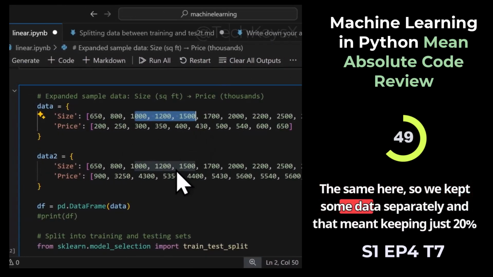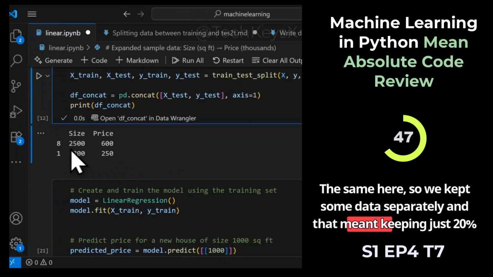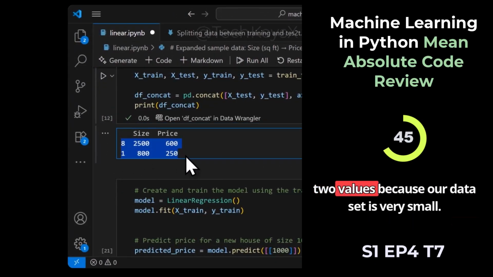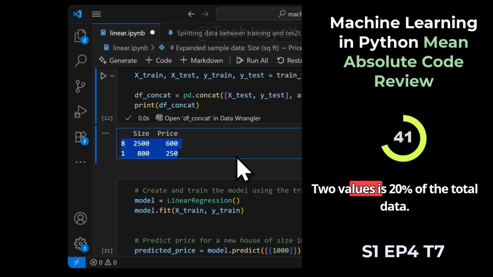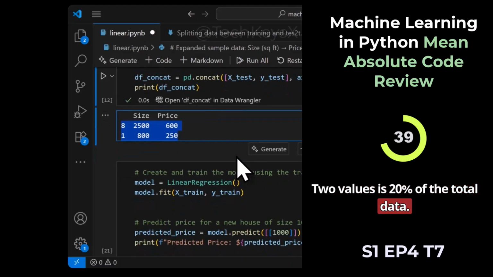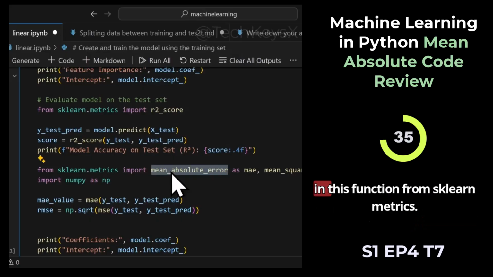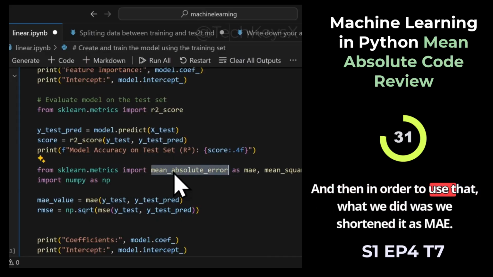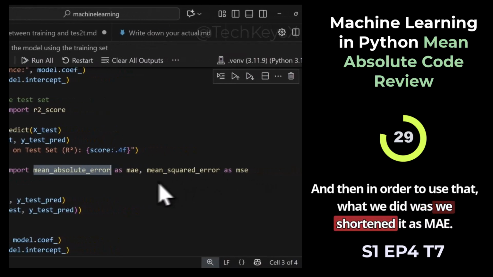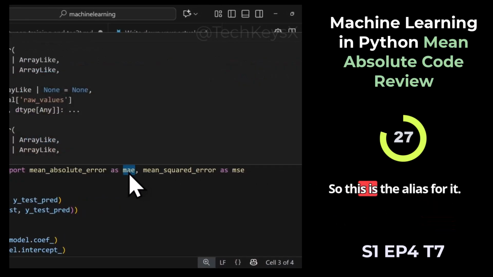So we kept some data separately, and that meant keeping just 20%, 2 values, because our data set is very small. So this is absolutely fine. 2 values is 20% of the total data. And what we did was, in order to calculate the mean absolute error, we imported this function from sklearn metrics. And then in order to use that, we shortened it as MAE. So this is the alias for it.